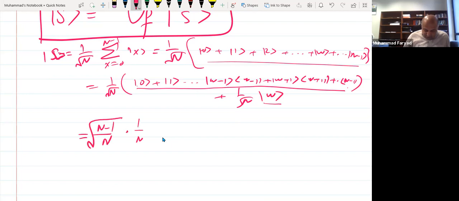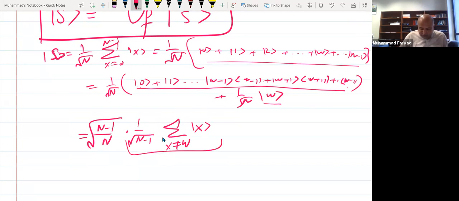So 1 over square root of n minus 1, and this sum, let me write it, x 0 to n minus 1. But now this does not have the W state in it. So symbolically, I can say x not equal to W, but is sum over everything else.